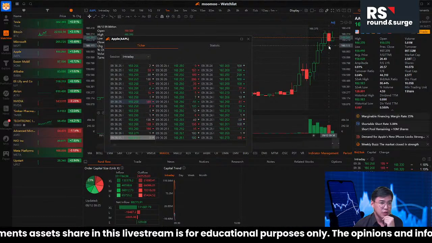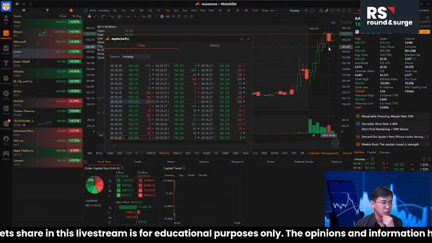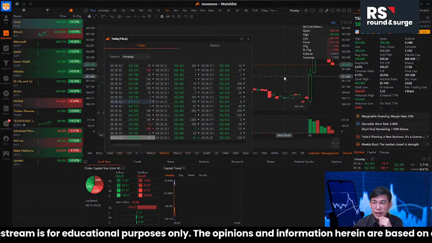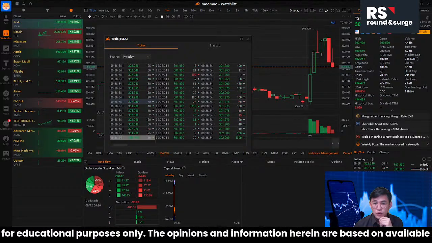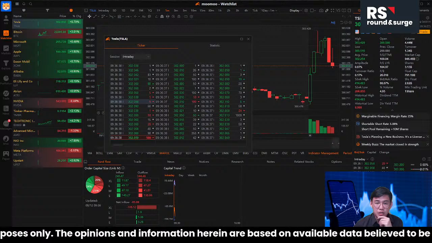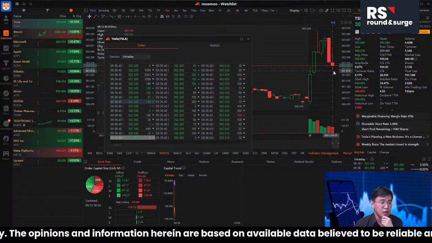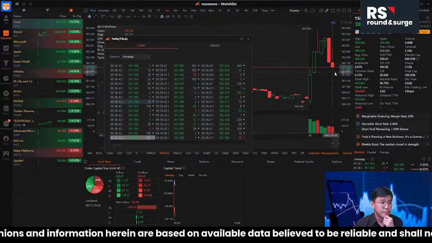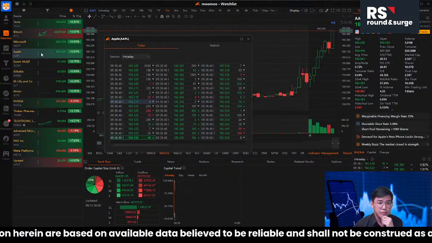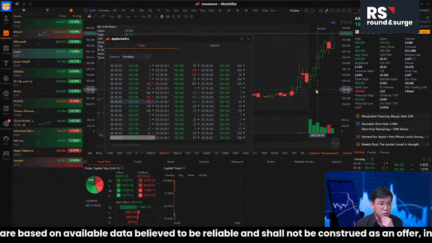Since right now the price is going down, I'll just let the price go down lower first. Then only we look into any of the entry opportunities. Right now you can see it went down lower. Oh, this is Tesla. Apple continues to move up higher.